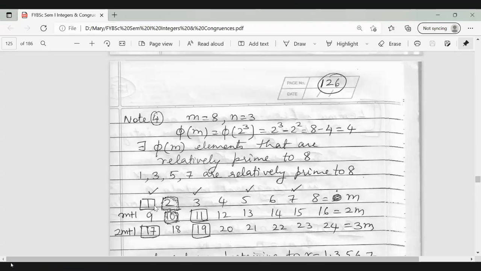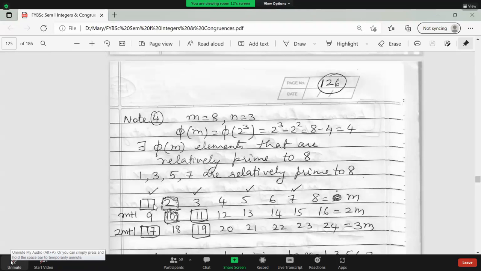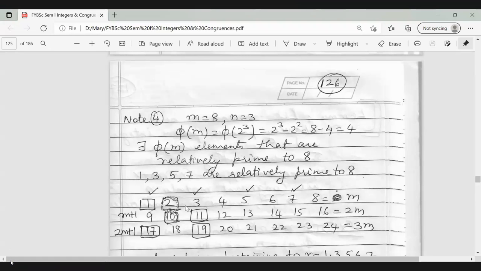Which are the 4 numbers? We'll just see. ये जो 1 है टिक मार्क किया है, फिर 3, 2 नहीं है, 3 है, 4 नहीं है, 5 है, 6 नहीं है, 7 है, 8 भी नहीं है. तो यहाँ 1, 3, 5, 7, 4 numbers है whose GCD with 8 is 1.